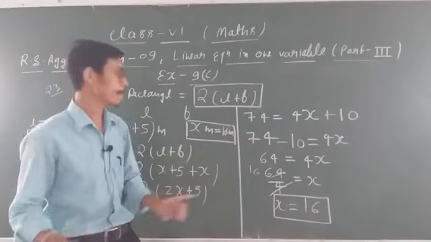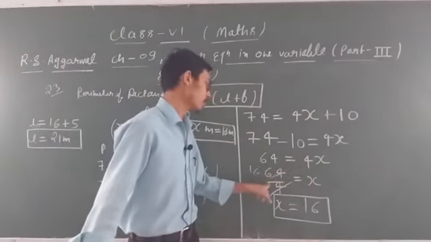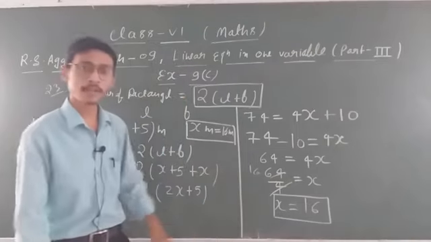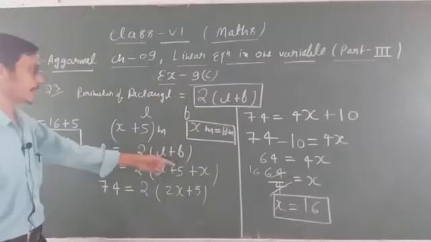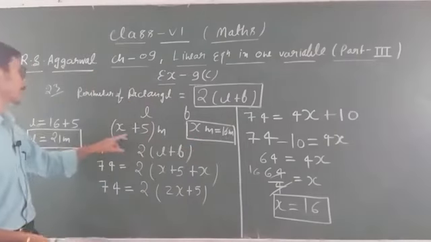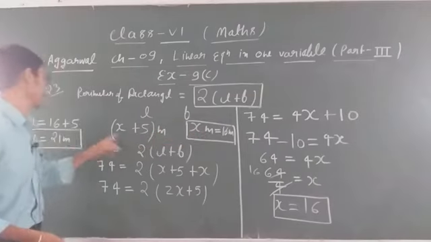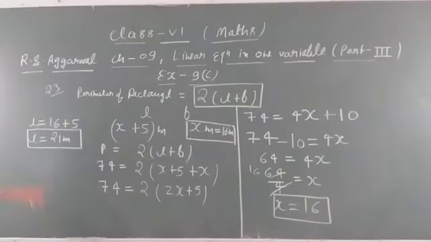You know that very well. So 74 minus 10 is 64. Now 4x equals 64, the value of x is 16. When x equals 16, you know that x is breadth, so breadth is 16 and length is x plus 5. Clear? X plus 5 is length, that is 16 plus 5, this will come 21. Clear, student? This is 21.